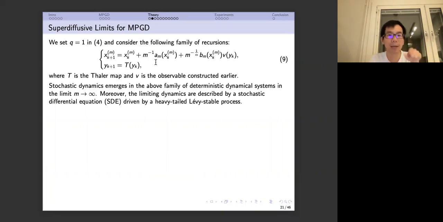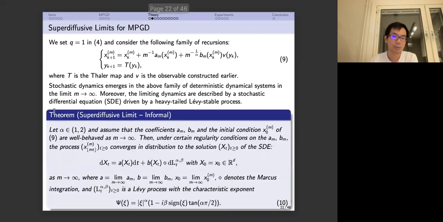If we send m to infinity, basically stochastic dynamics emerges in this family of deterministic dynamical systems. Moreover, as I mentioned just now, the limiting dynamics can be described by an SDE driven by a heavy tail Levy stable process. So this is the first theorem.